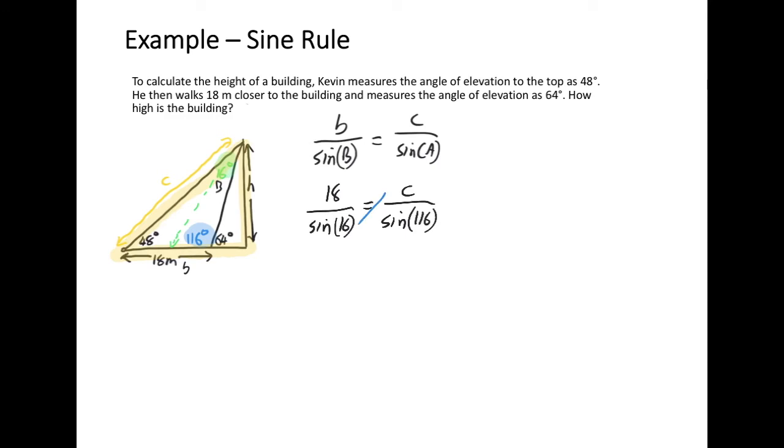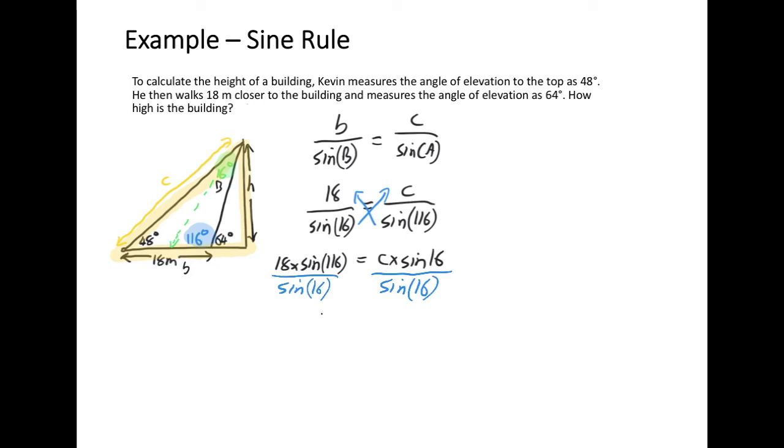So now I can go ahead and cross multiply. So that's going to leave me with 18 times sine of 116 is going to be equal to C times sine of 16. So what I want to do to get C by itself is to divide both sides by sine of 16.